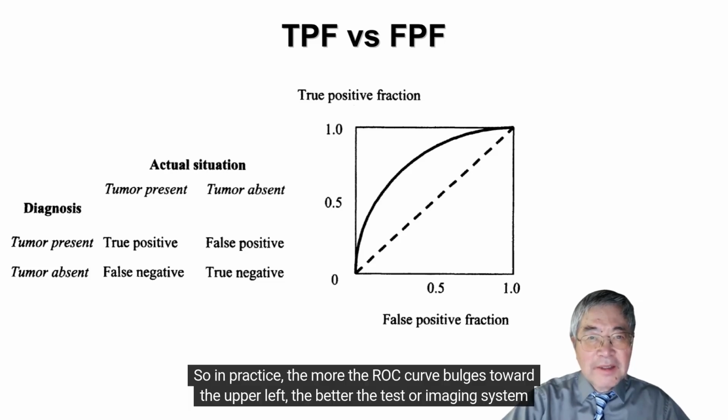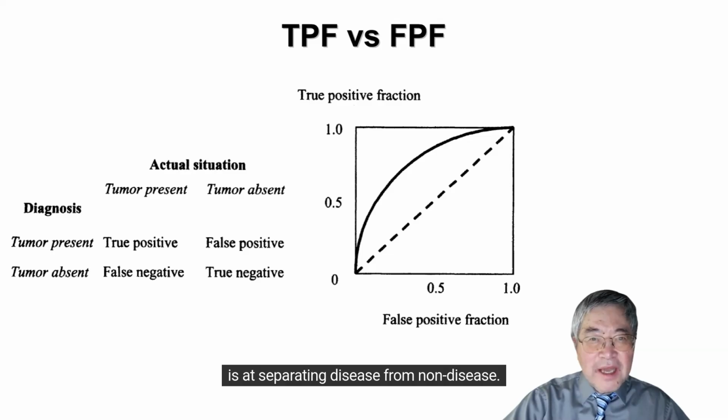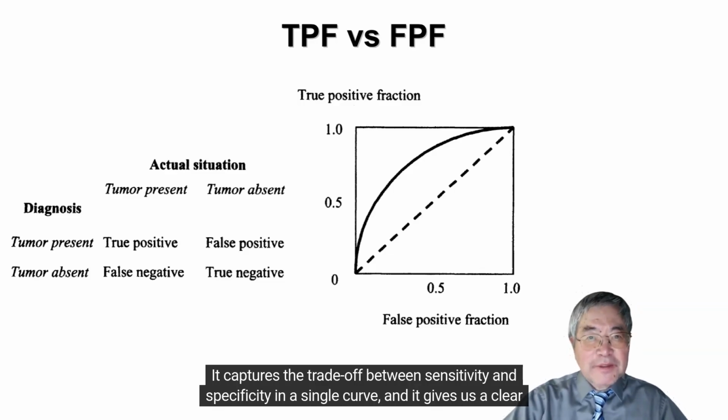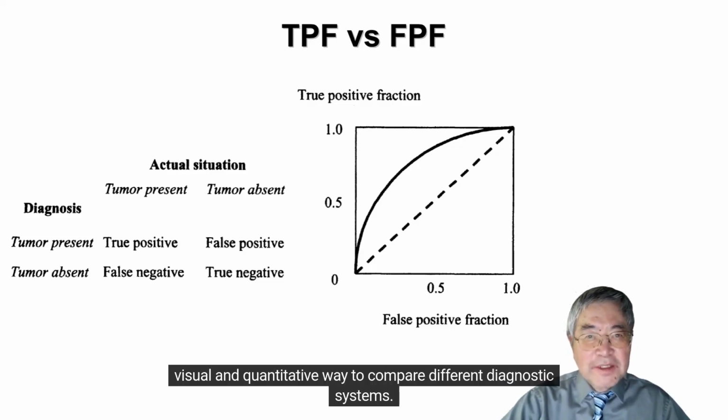So in practice, the more the ROC curve bulges toward the upper left, the better the test or imaging system is at separating disease from non-disease. This is exactly why the ROC framework is so valuable. It captures the trade-off between sensitivity and specificity in a single curve, and it gives us a clear visual and quantitative way to compare different diagnostic systems.